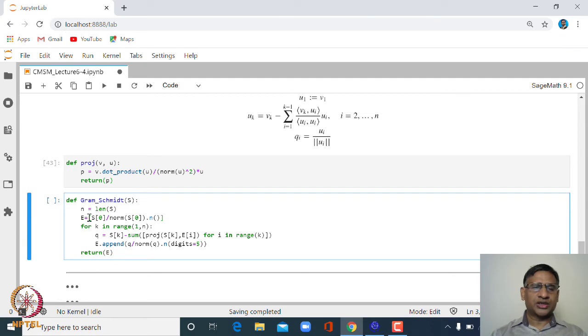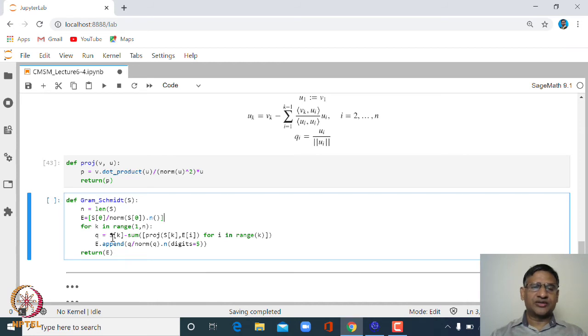So first let us define the unit vector which is the first vector in S, initialize that as the first vector in E, and then we run a loop for k going from 1 to n. That means it will start from actually the second vector in S.